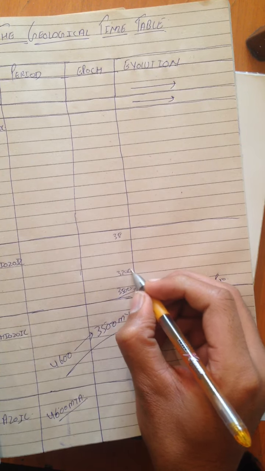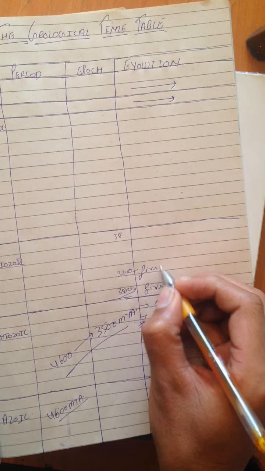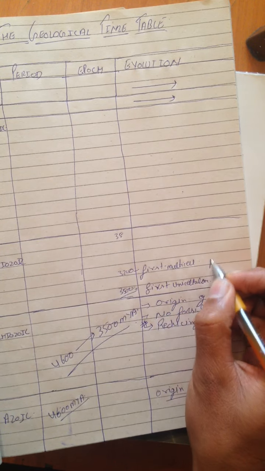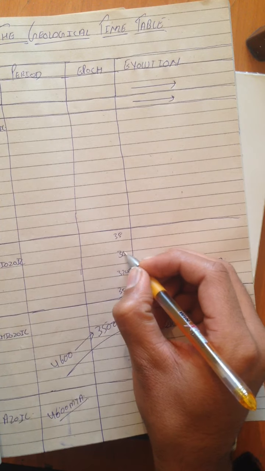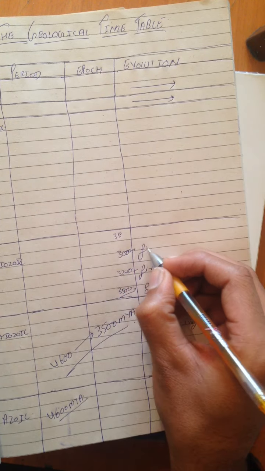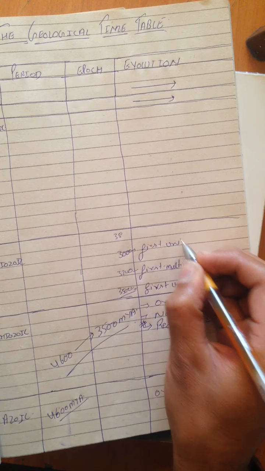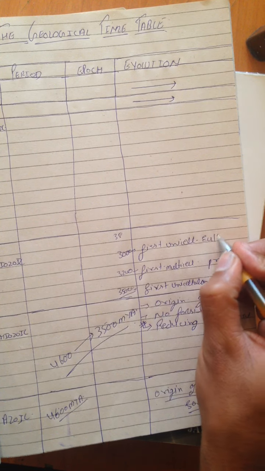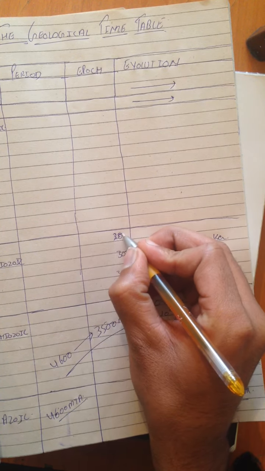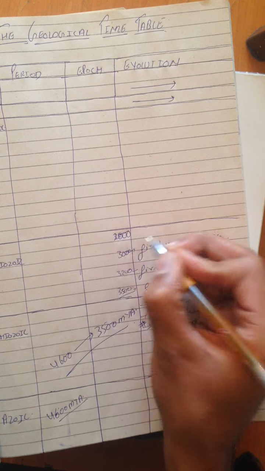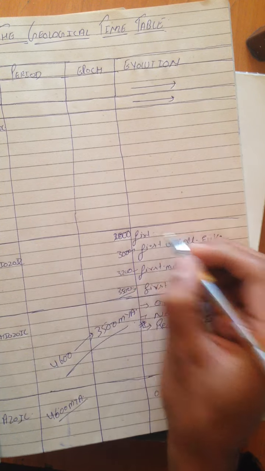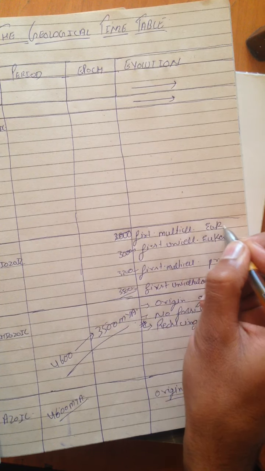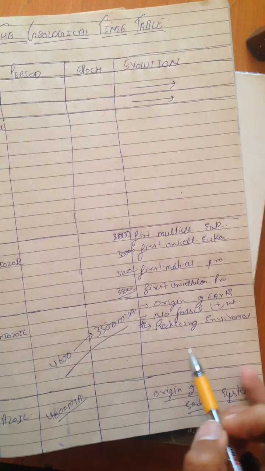Then at 3200, first multicellular prokaryote. At 3000, first unicellular eukaryote. Then at 2000, first multicellular eukaryote. We are talking about the evolution of this.